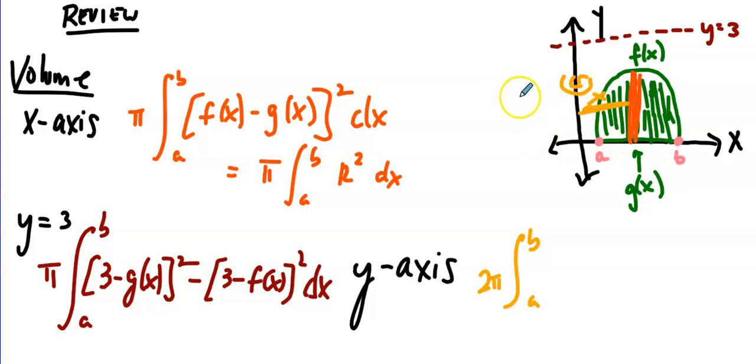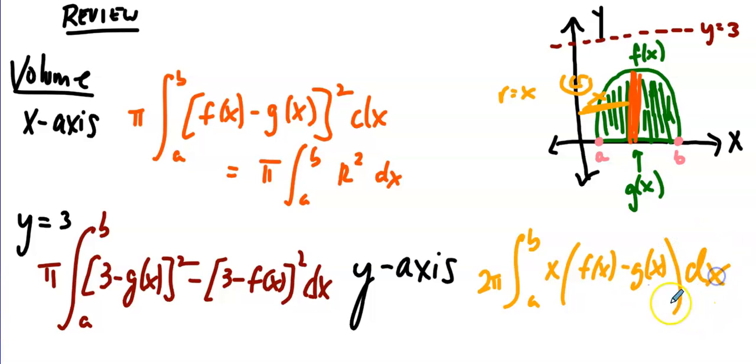But in this particular example, our radius is actually going to be equal to x because what we want to know is the distance from our axis of rotation to our actual rectangle. And this actually ends up being x because our axis of rotation is the y-axis. So this is going to be x, and then our height is going to be f of x minus g of x dx. And so this is how we're going to use our shell method.